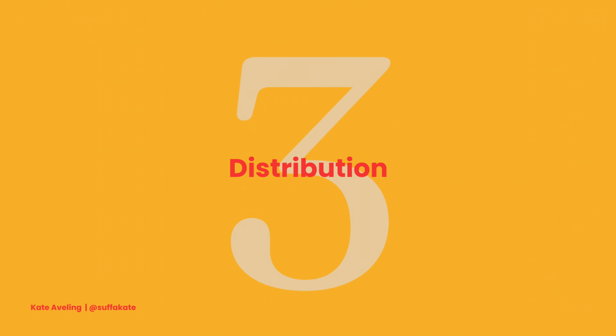Number three, distribution. What are the customer touch points where they're going to come into contact with this piece of visual communication? So that audience that we identified in question 2, how are they going to come into contact with this document? Is it going to be a digital download? Are they at a trade show and they've picked up a handout? Are they in a networking event where they're being handed something personally?